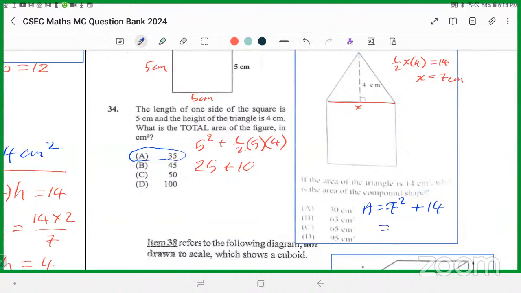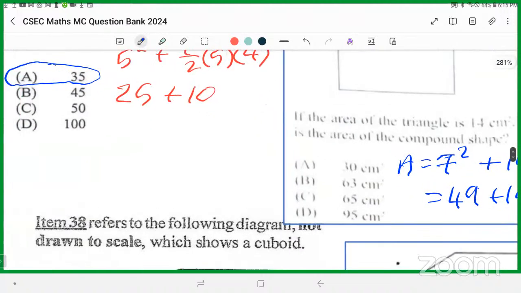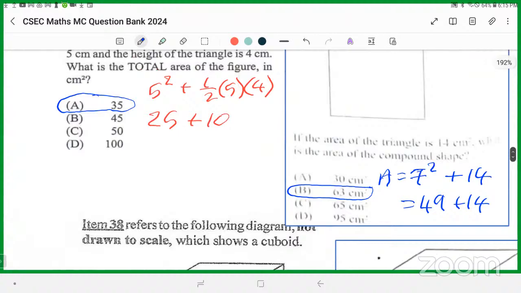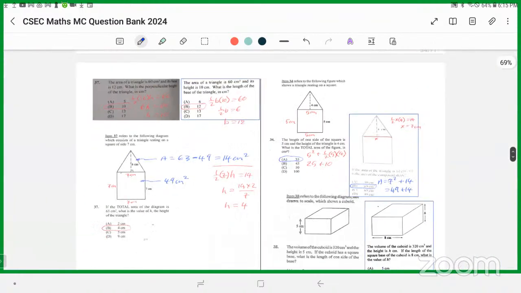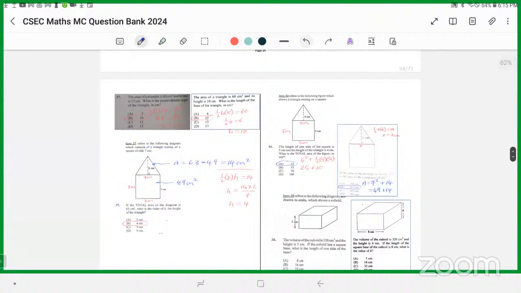So it becomes 49 plus 14, which is 63. It's the same shape, but they asked the question another way. So this question is this one over here. Those two questions are the same.